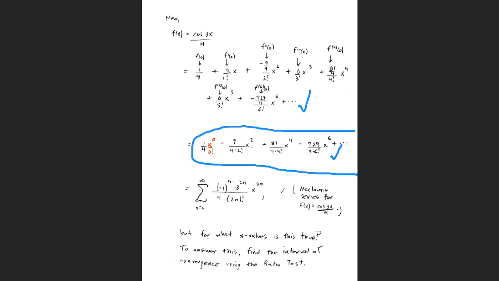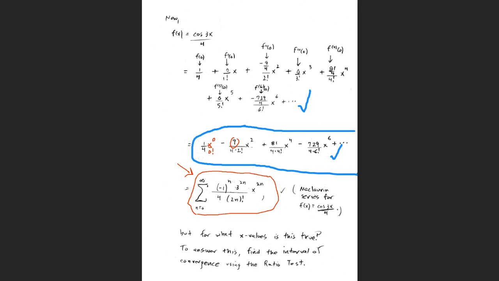And you can see that the general formula then for the power series is what you see there. The series n equals 0 to infinity of -1 to the nth power times 3 to the 2nth power times x to the 2nth power over the 2n factorial.